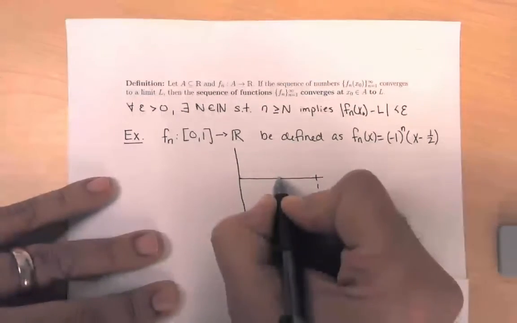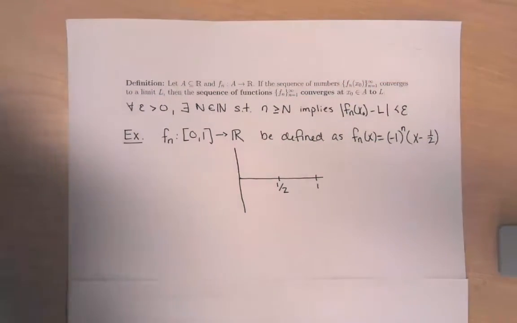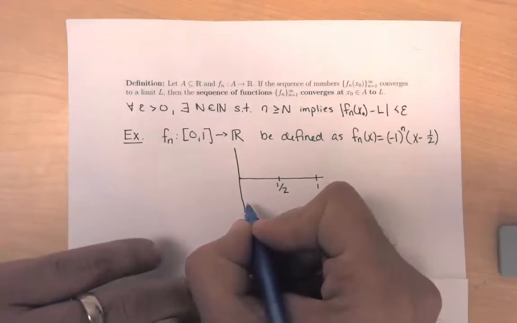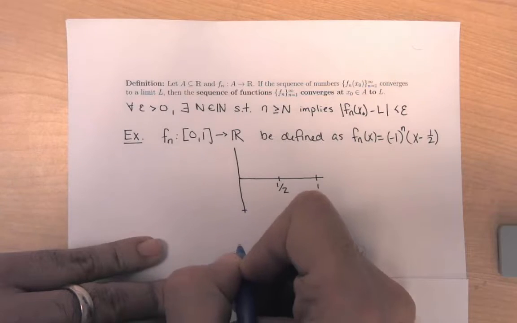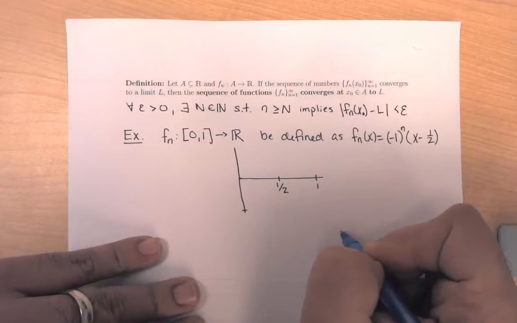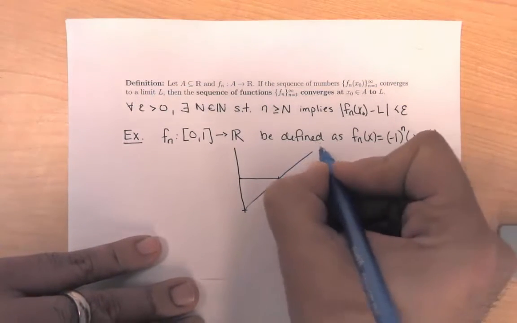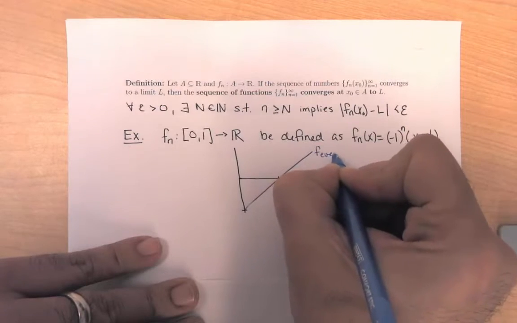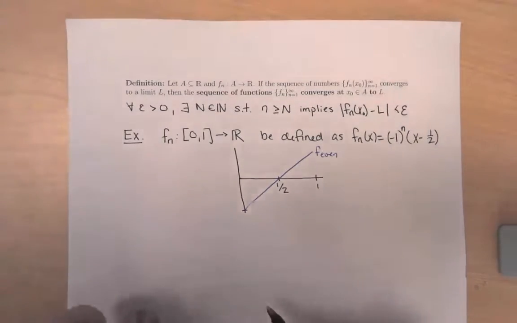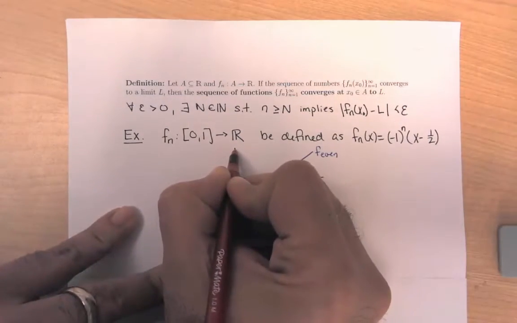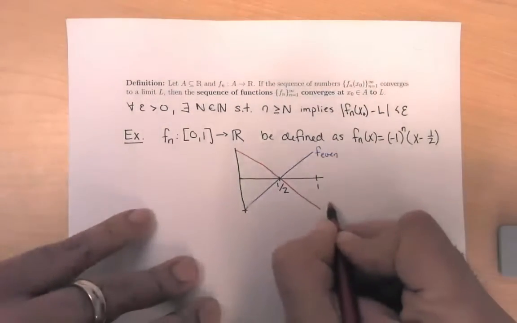Suppose this is 1, this is 1/2. Well, if n is even, then (-1) to the n is +1, and I just have x minus 1/2. So this is f even. And if n is odd, I have negative (x minus 1/2). I get exactly that. F odd.